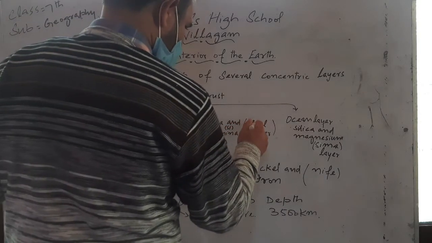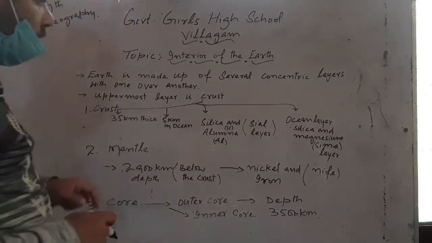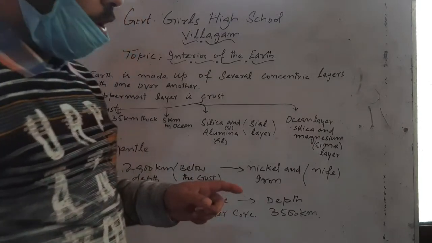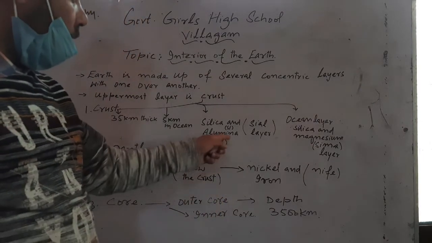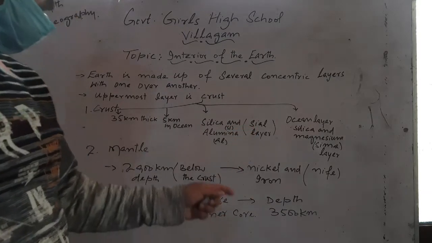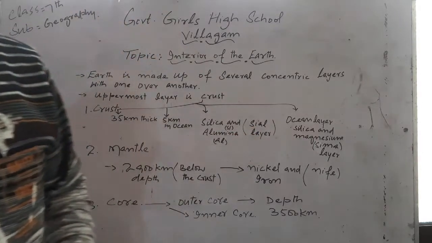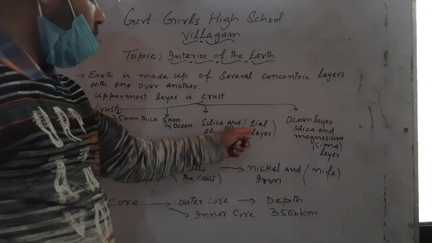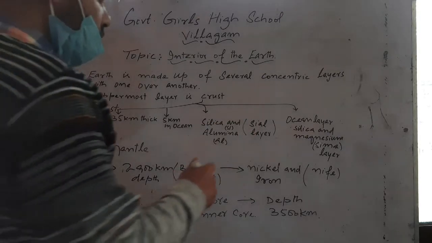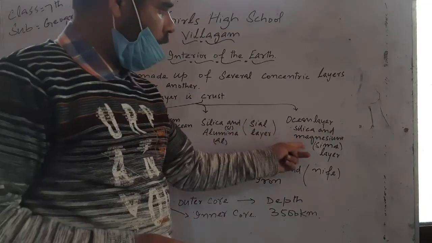Si is the symbol of silica, and Al is the symbol of alumina. So it forms the shale layer. These are actually two symbols, silica, Si, and aluminium, Al. So this forms the shale layer. And in the ocean layer, it consists of silica and magnesium.